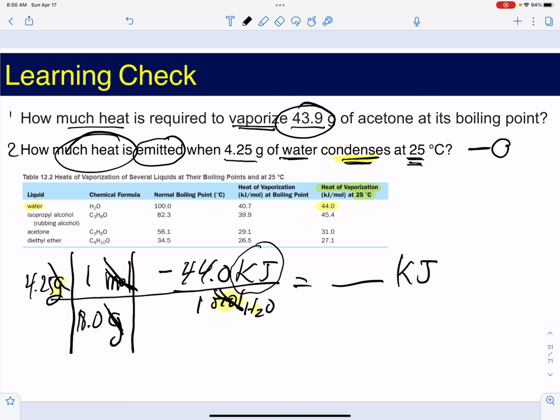So for me to be able to condense 4.20 grams of water, so 4.20 times negative 44 divided by 18, I'm going to have to be prepared to receive, because it's going to be releasing that amount, 10.4 kilojoules of energy.